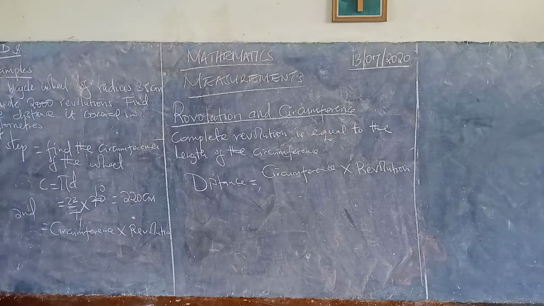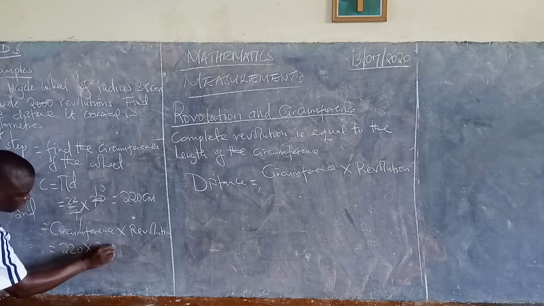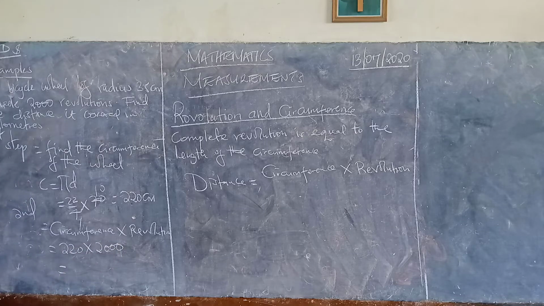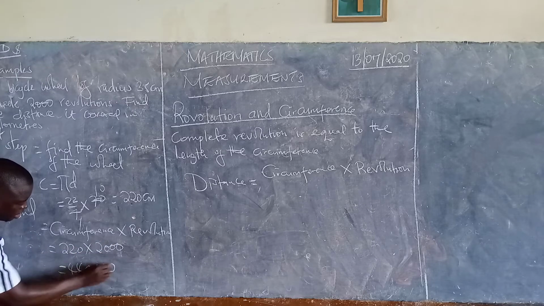So we have the circumference to be 220, and the number of revolutions is 2000. So there we have 440,000.